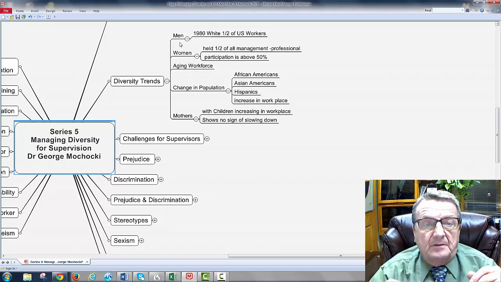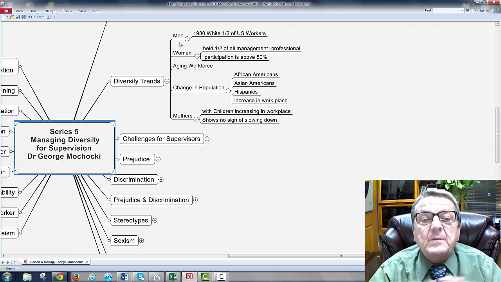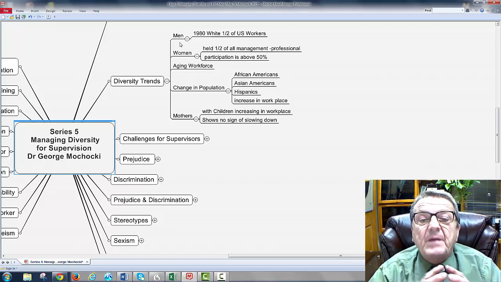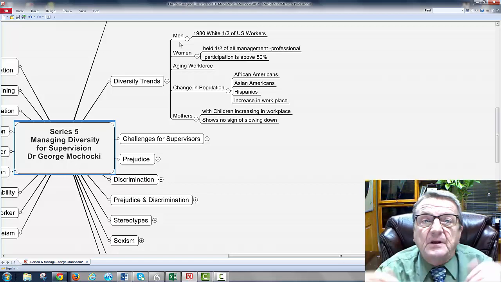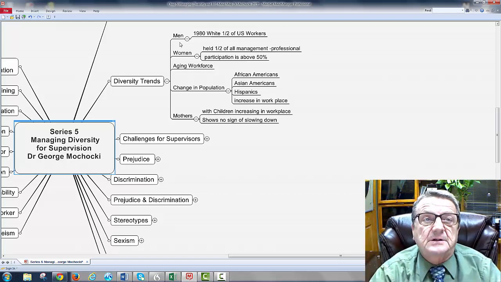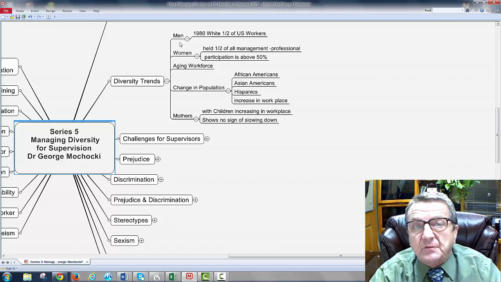Okay, men, white men, like it or not. Women now currently hold half of all management and professional related occupations, and participation is about 50%. There's more women now in the workforce, not at all levels, in traditional and non-traditional opportunities for ladies.